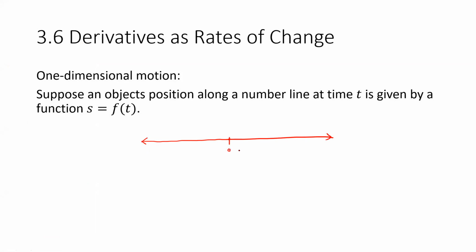So it's got some location. Of course the number line has an origin at 0. But then you're imagining this object just moves back and forth along this number line. So at different points in time, it takes on different positions on this number line. So it's something that just moves around on this number line.